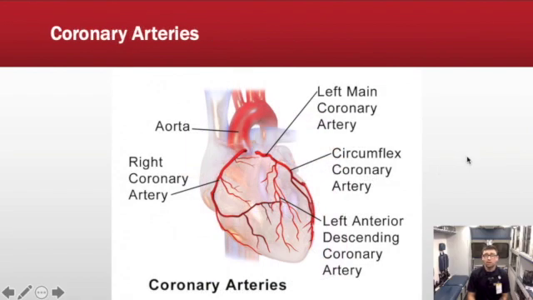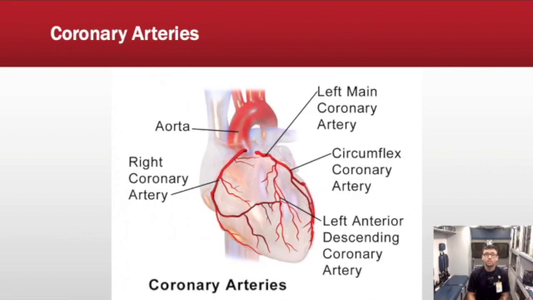Now, our coronary arteries are what actually supply oxygenated blood to our heart. Again, our heart is a muscle, right? So we need to supply oxygen to our muscle. Whenever the aorta is being pumped with oxygenated blood, we have our coronary arteries: the right coronary artery on the right side of the heart, the left main, the circumflex coronary artery, and the left anterior descending.